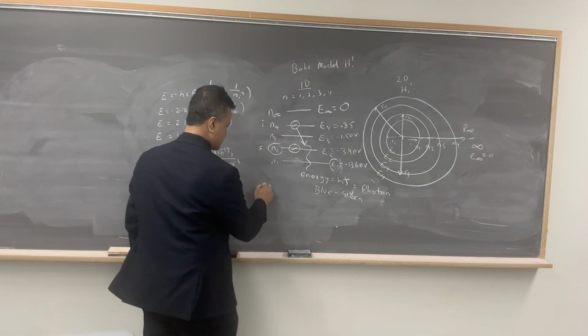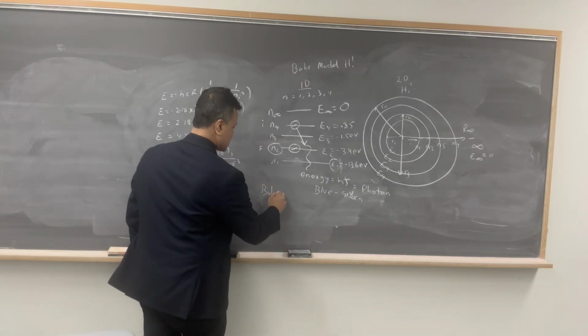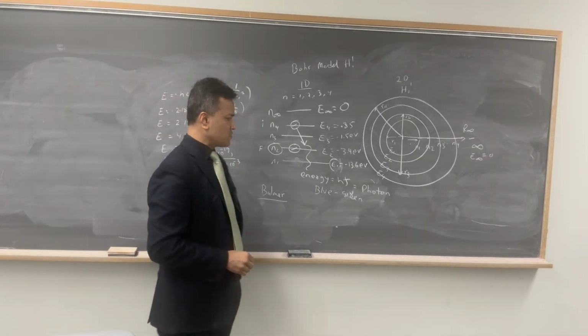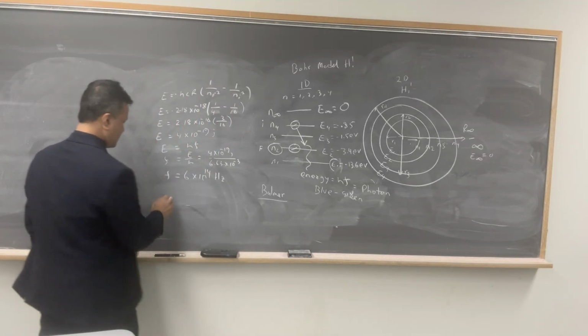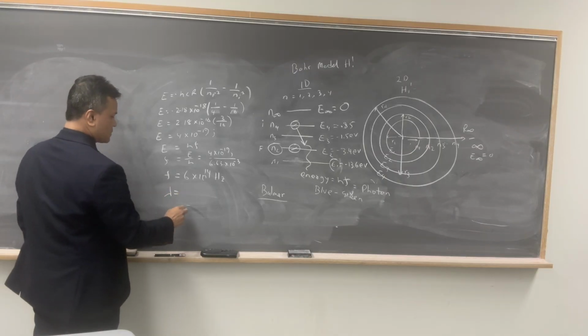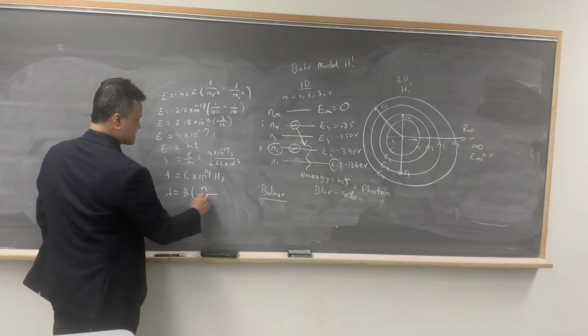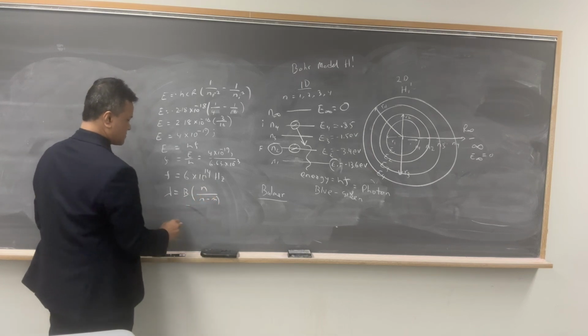By using Balmer, who invented the Balmer series, and using the same equation, lambda is equal to B times n squared over n squared minus m squared.